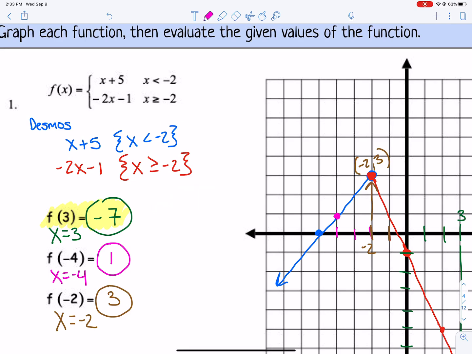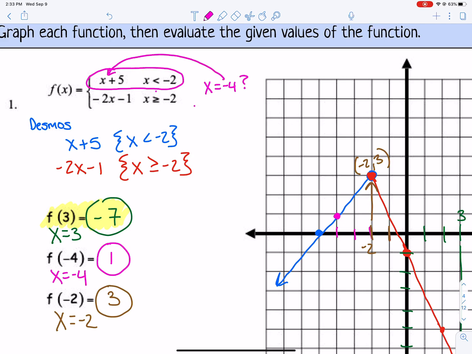F of -4. So where x equals -4, where would that belong? Is that in the interval x is less than -2 or x is greater than or equal to -2? So x equals -4 belongs in the first interval where x is less than -2. So we're going to plug it into this part of our function for the x.